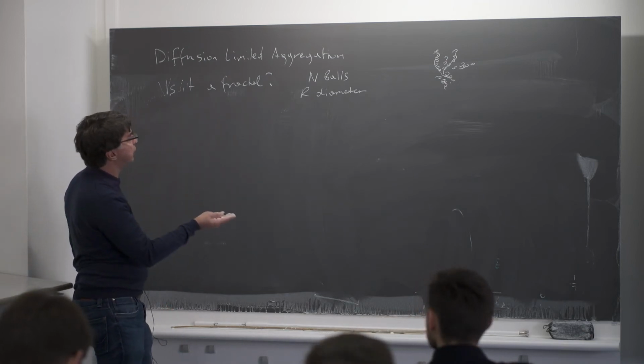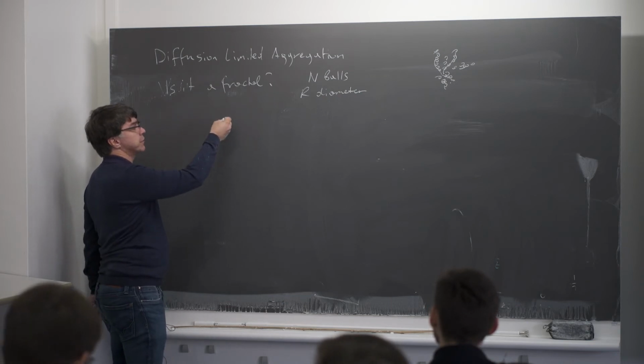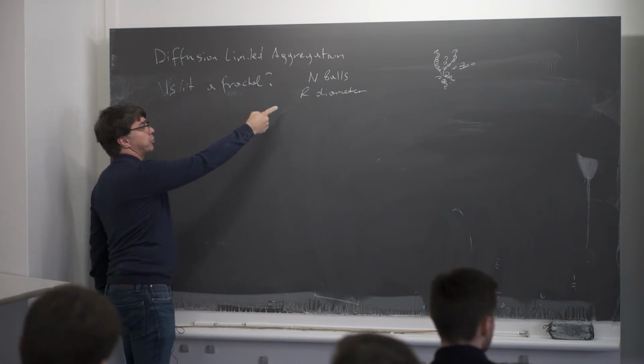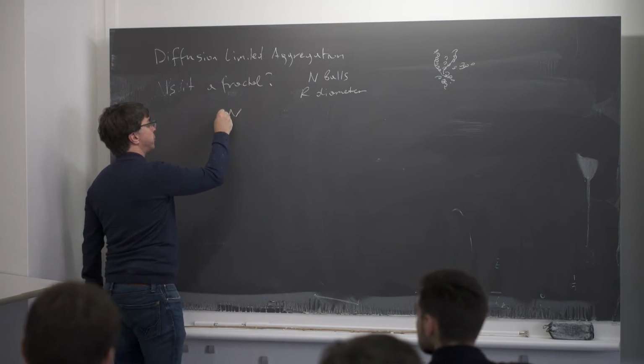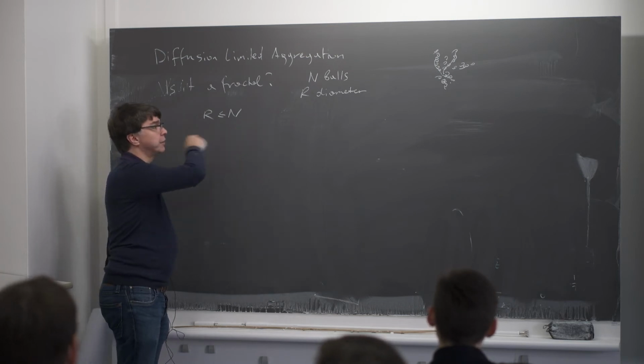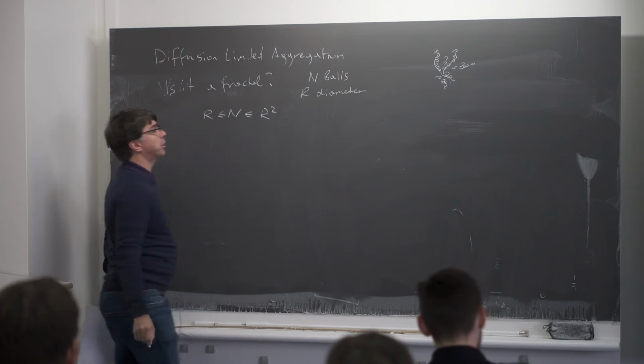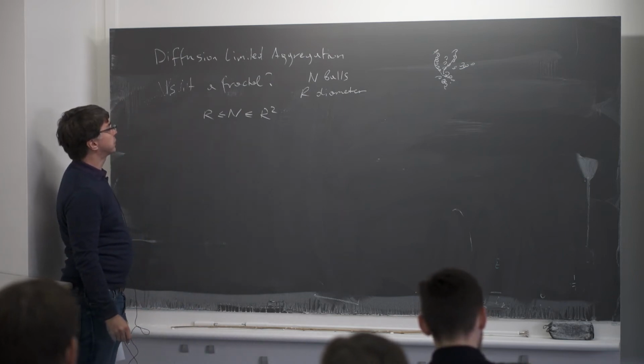So what are the clear estimates? The clear estimates are obviously that if you have n balls, then n should be at least r to have diameter r if you put them all in order on a line. And it cannot be more than r squared. You cannot pack more than r squared balls.